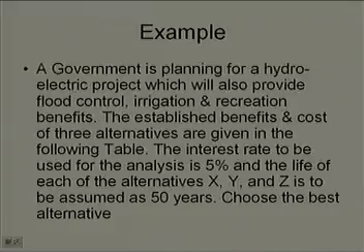You understood the problem? Government has 3 alternatives for constructing a hydroelectric project. The life of the project is 50 years for all the alternatives and the discount rate is 5%. Our problem is to identify the best alternative that the government should consider.